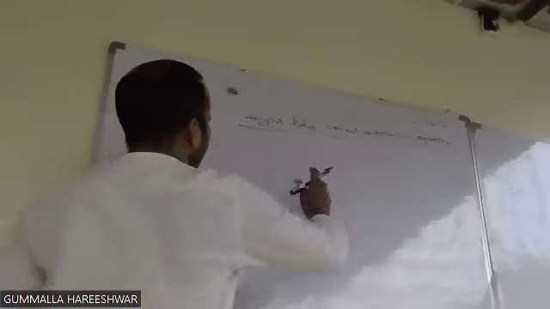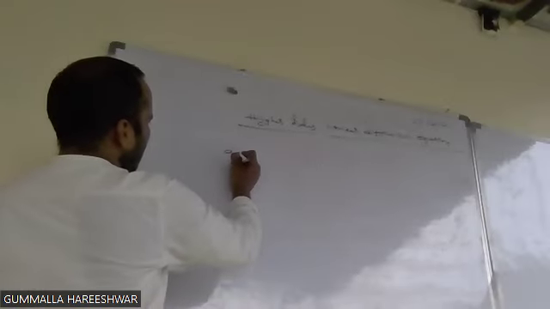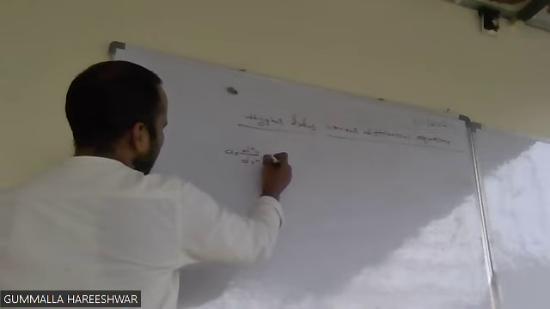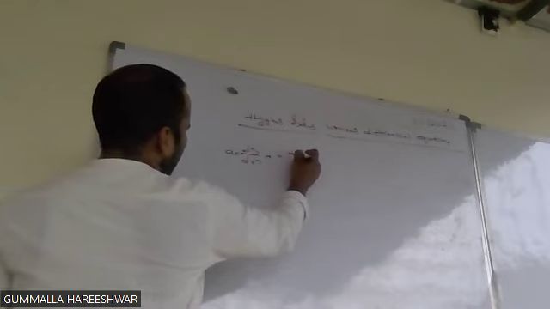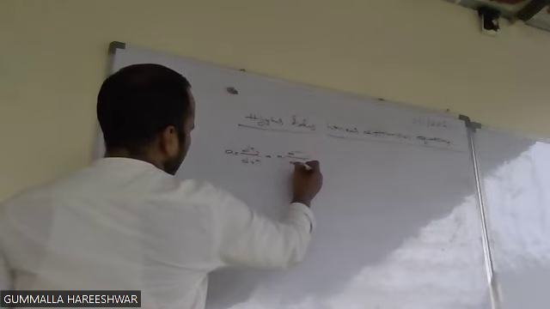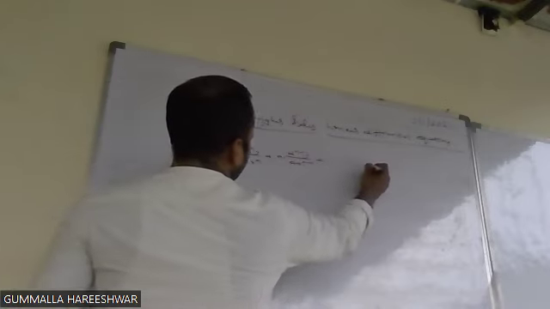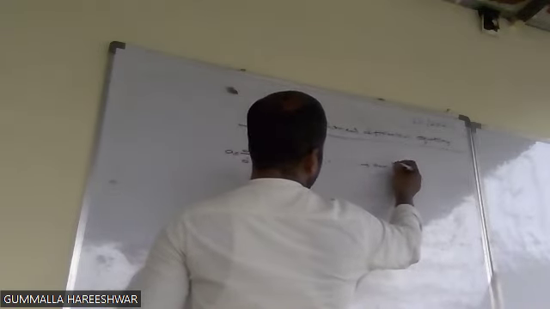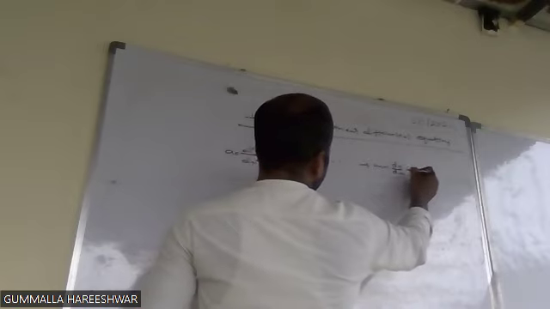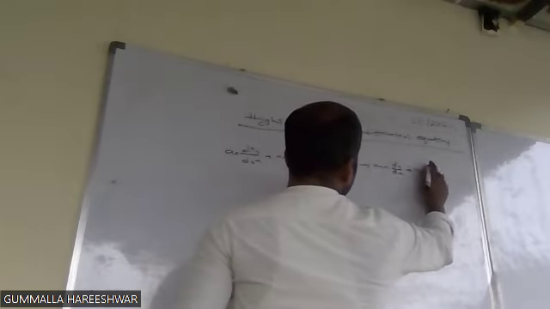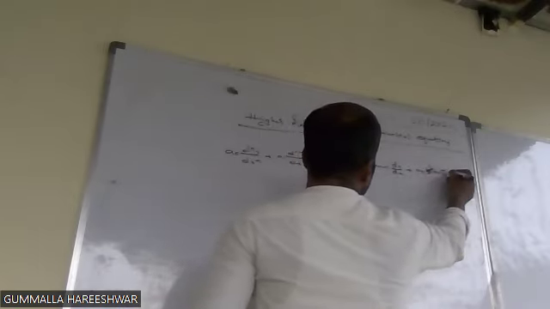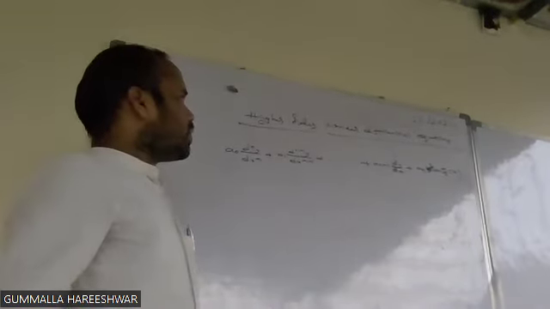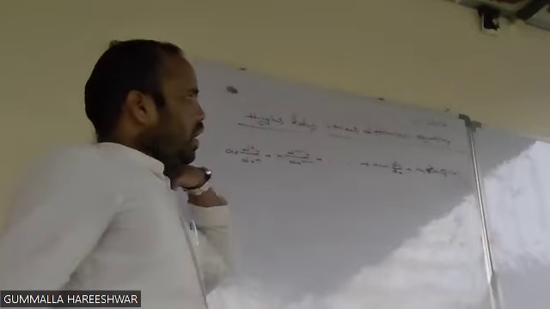The general form of the higher order linear differential equations is a naught times the nth derivative of y, plus a1 times the (n minus 1)th derivative, and so on, plus an y is equal to q of x. The general form of the higher order linear differential equations is this one here.